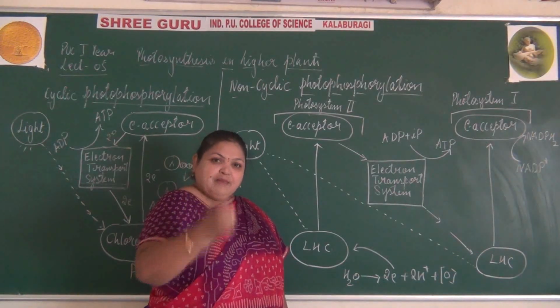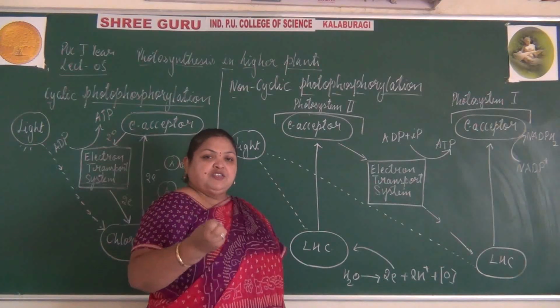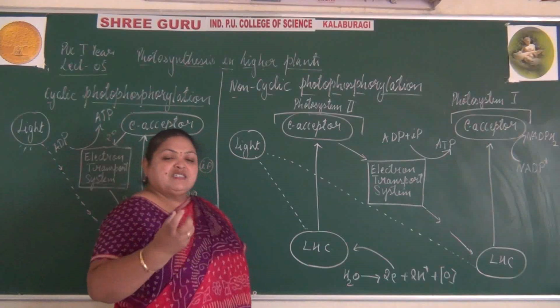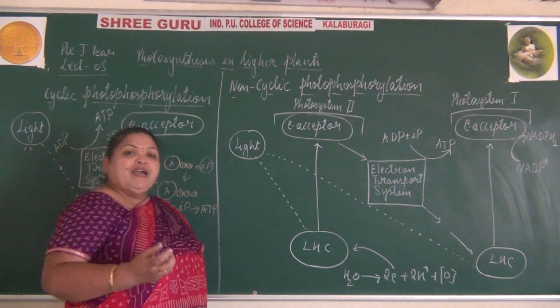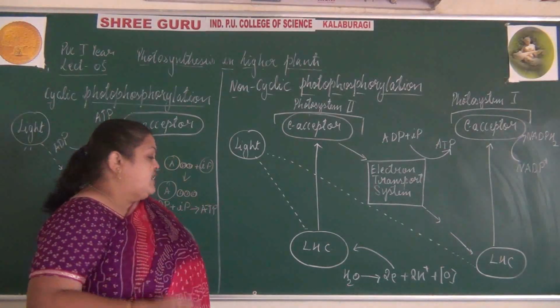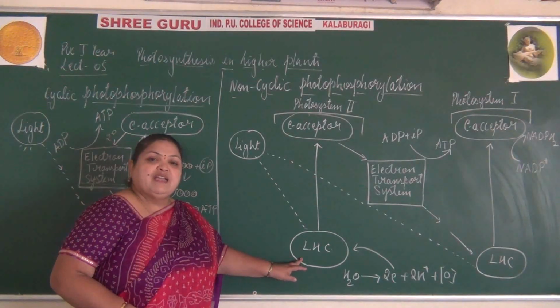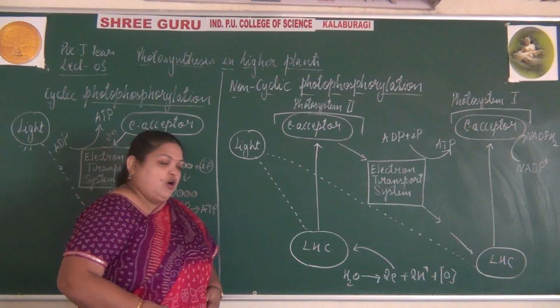As they absorb the light, the solar energy, it is harvested. The light is harvested by the pigment molecules. So the complex is known as the light harvesting complex.